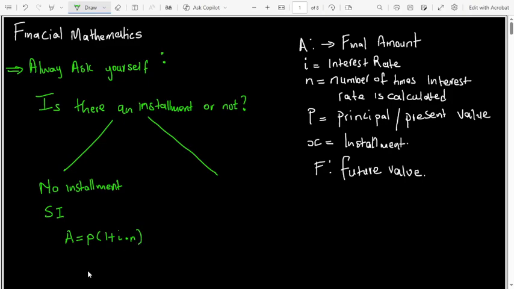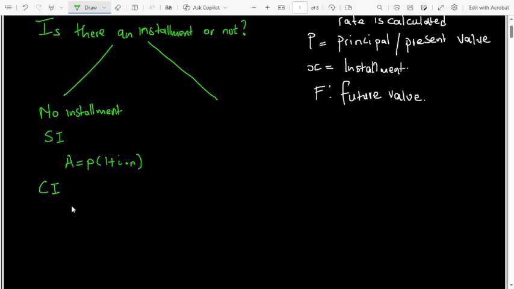So this is the formula that we use if there is no installment, or it can be compound interest, CI. The formula for compound interest is A equals P times (1 plus I) to the power N. So now we know that if there is no installment, we are working with either simple interest or compound interest.